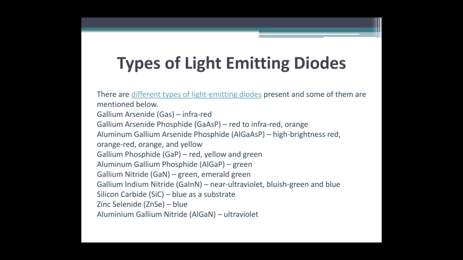Gallium phosphide: red, yellow and green. Aluminum gallium phosphide: green. Gallium nitride: green. Gallium indium nitride: bluish green and blue. Silicon carbide: blue, as a substrate. Zinc selenide: blue. Aluminum gallium nitride: ultraviolet.